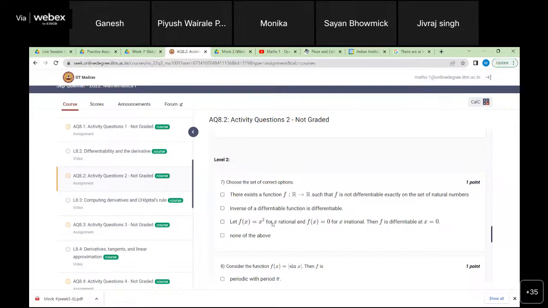Let f of x equal a rational function, then f is differentiable at x equals 0, right? This is correct, right? x square is a rational function, differentiable at x equals 0.